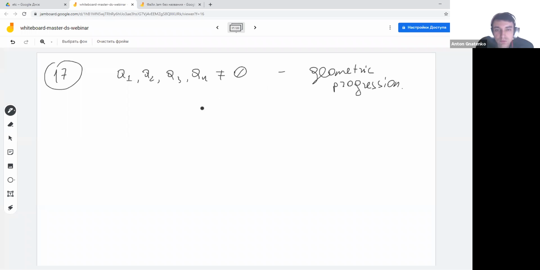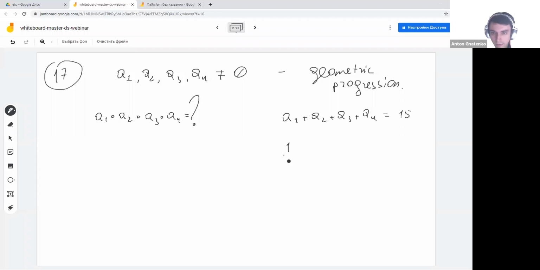The question is to find the product, if we are given some additional information that their sum is 15 and that the sum of their inverses is 3. Let me see if there is any question.